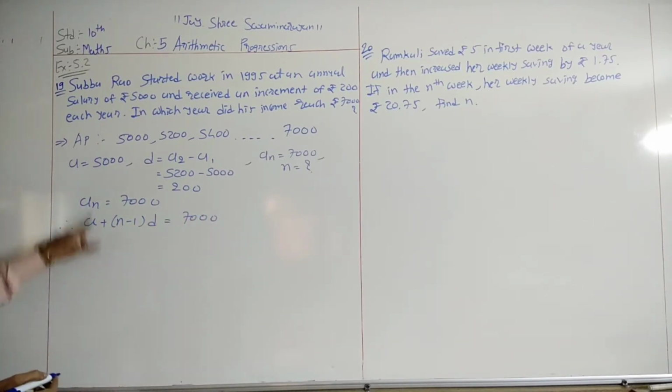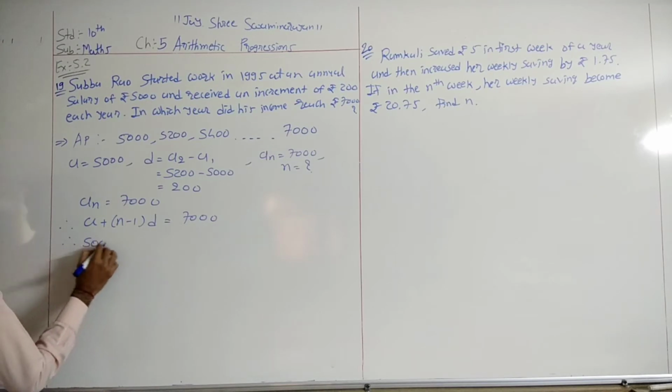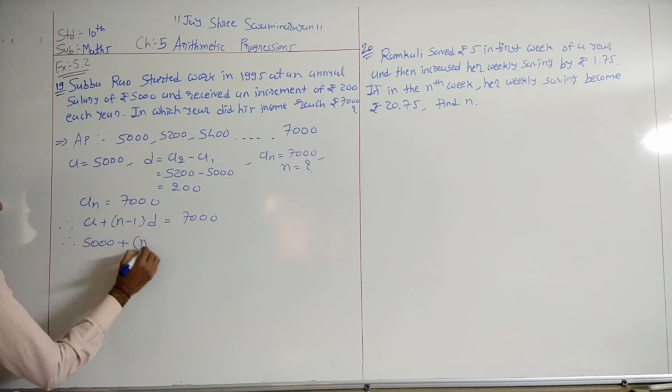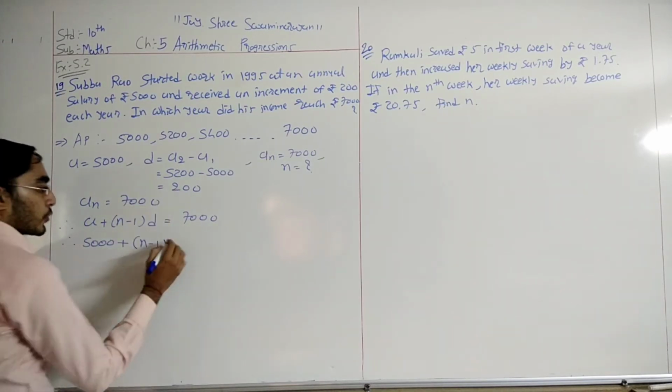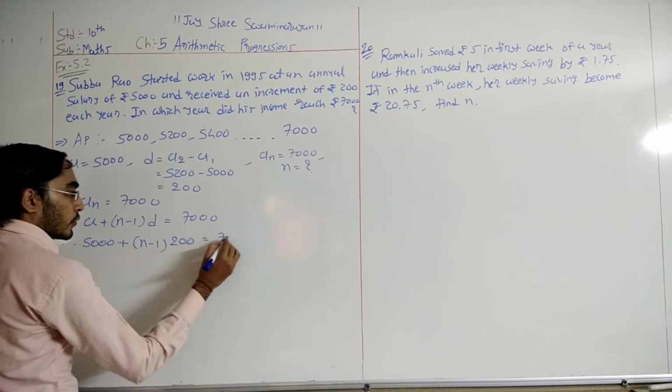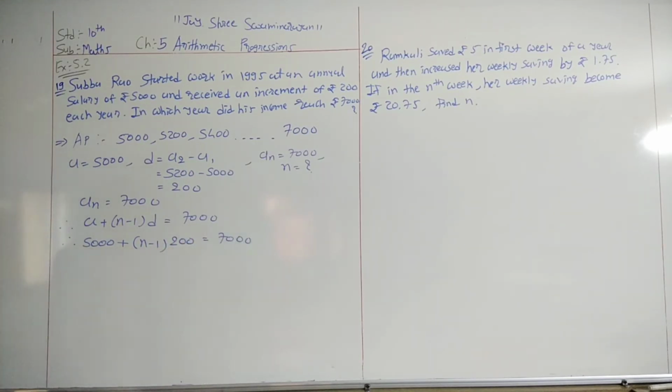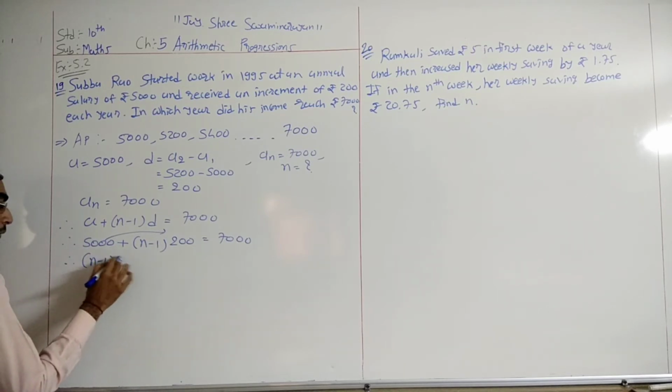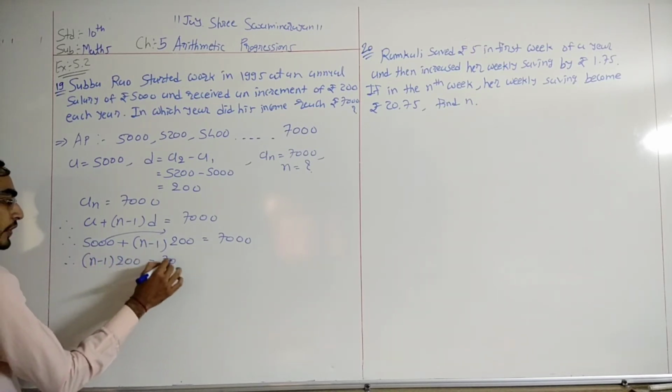Now put the value of a, it is 5,000, plus (n minus 1) into d. d is 200, equal to 7,000. Now from here we need to find the value of n. First of all, transfer this 5,000 to the right hand side. So here (n minus 1) into 200, here 7,000.